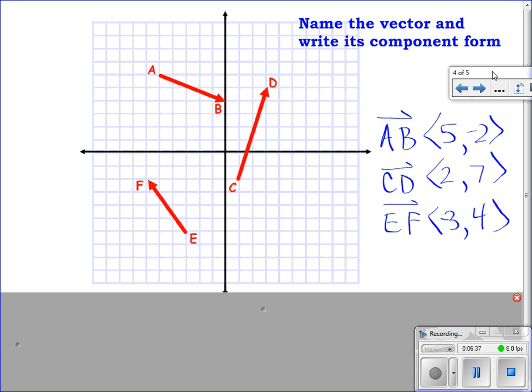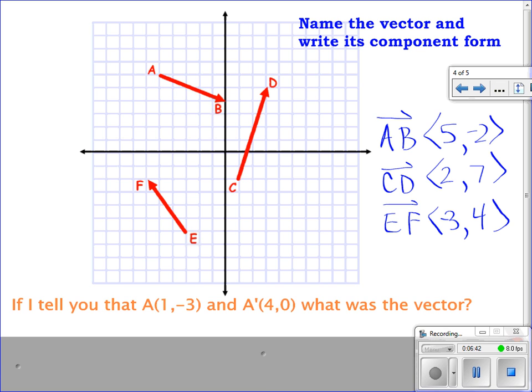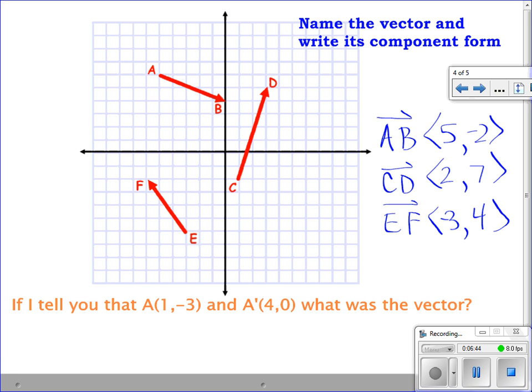Now, what if we had a point start here and end up here? They want to know what vector it moved along. You could imagine this in your head and just look at each one individually. The x value started at 1 and it moved to 4.